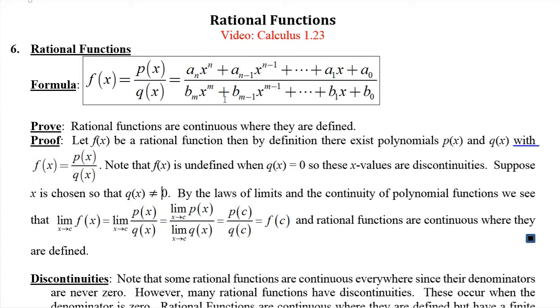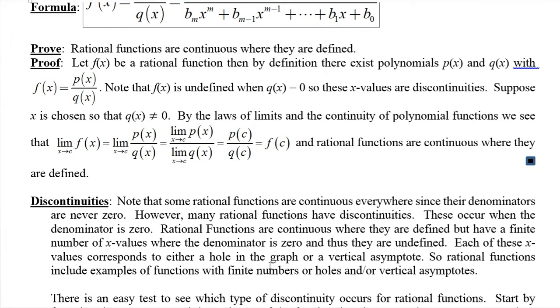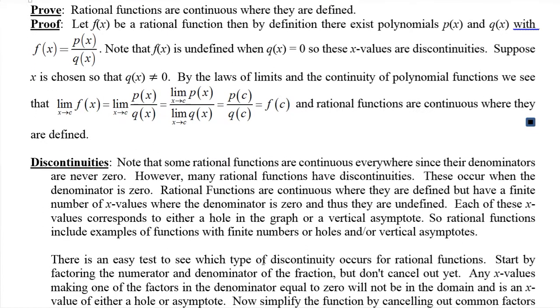So for that type of rational function, no matter what's in the top, if you have x squared plus 1 in the bottom, then that would be a continuous function. But other times we have things that make the denominator 0, and those will definitely be places where the function is undefined. So how do you go about working with these?